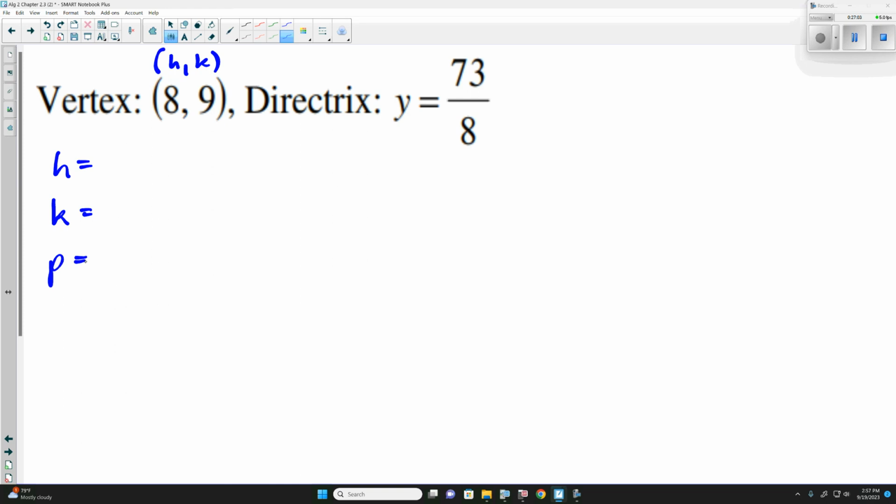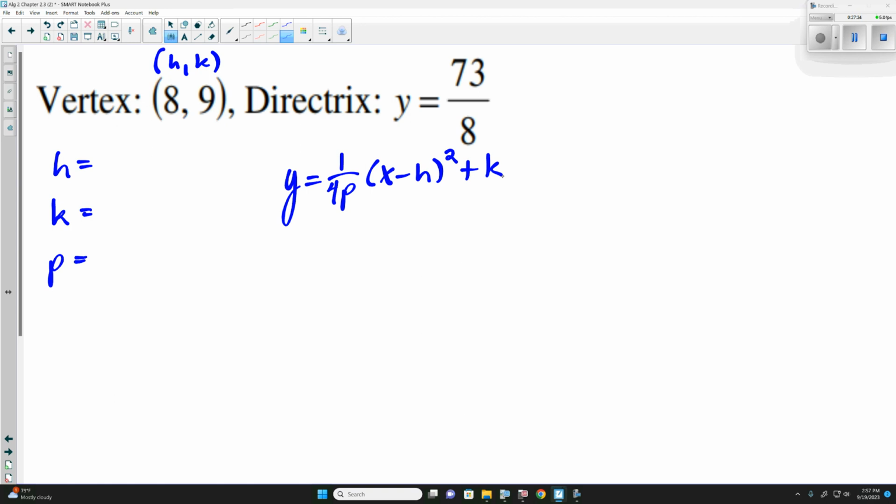Now since it gave us the directrix, this is a little bit easier to pick the correct equation, yes? Because there's only one of the 2 equations that has y equals for the directrix.